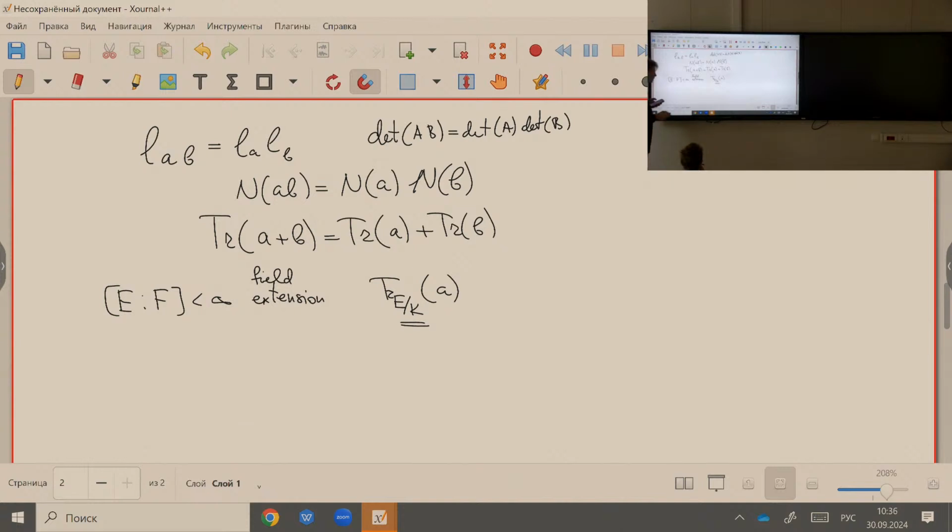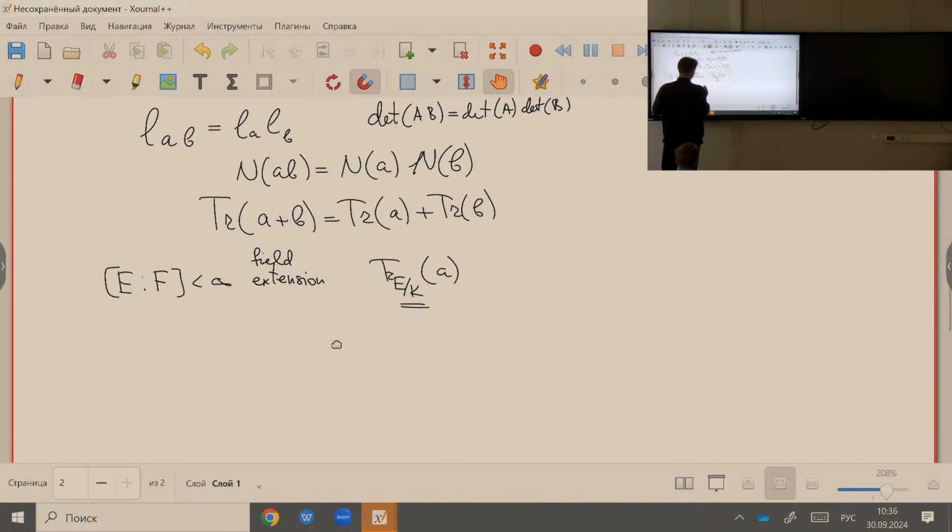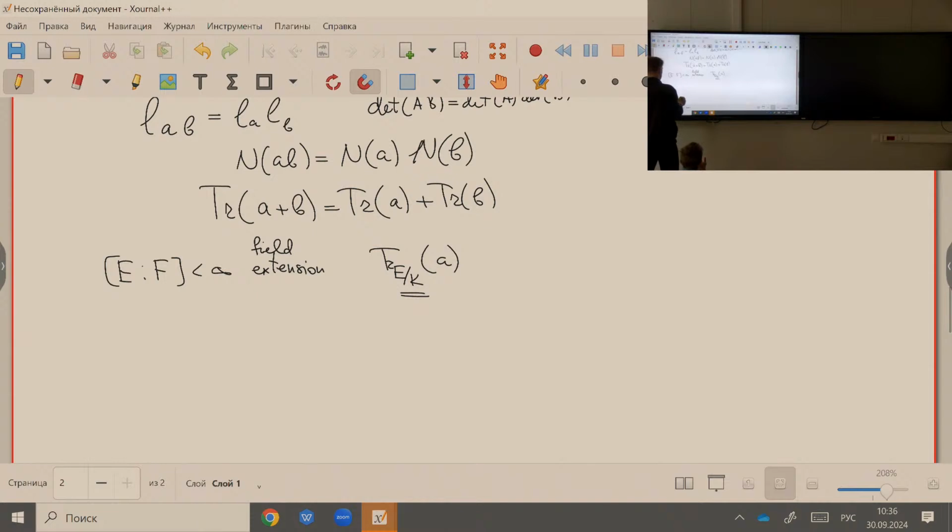The reason for this is that the formula we shall need is how trace changes under extensions.